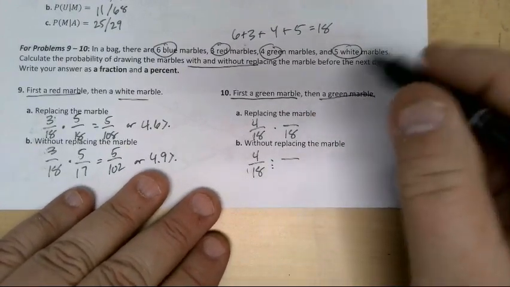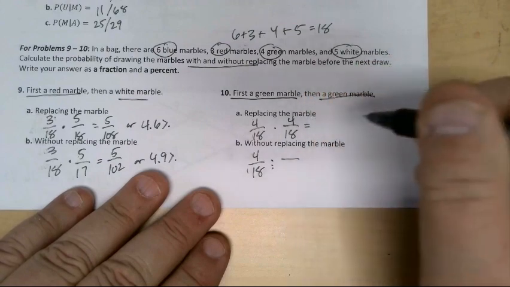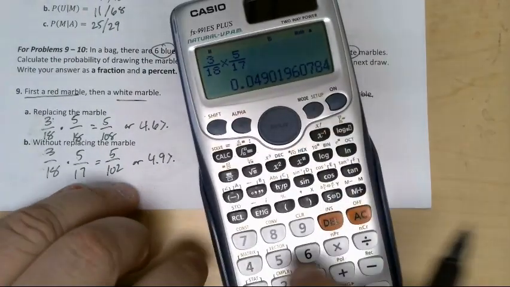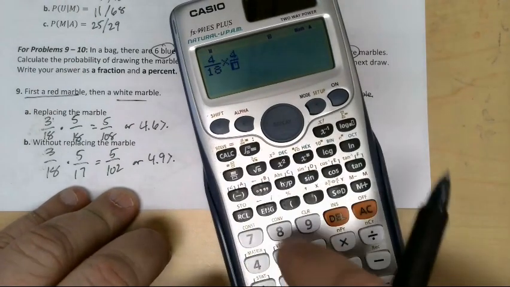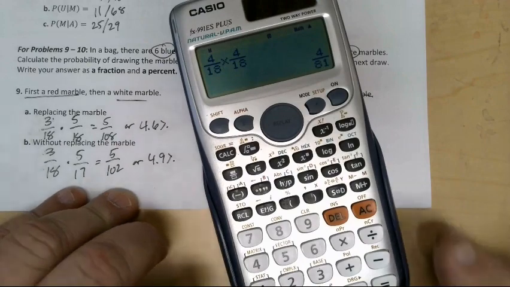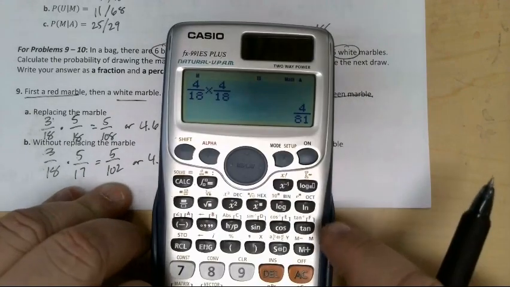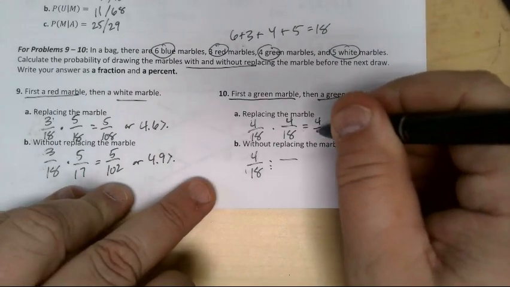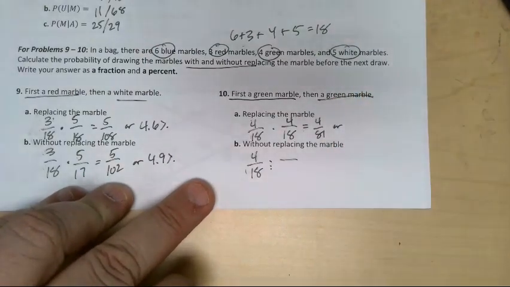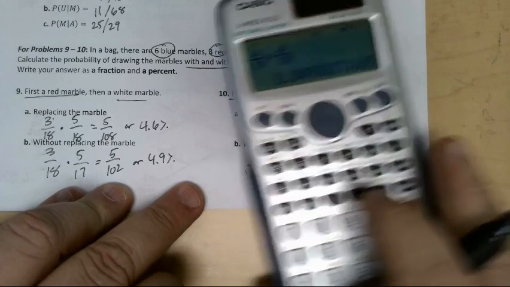Then a green marble, and there's still 4 in there. So that's going to give me 4 out of 18 times 4 out of 18 gives me 4 out of 81, or 4.9%.